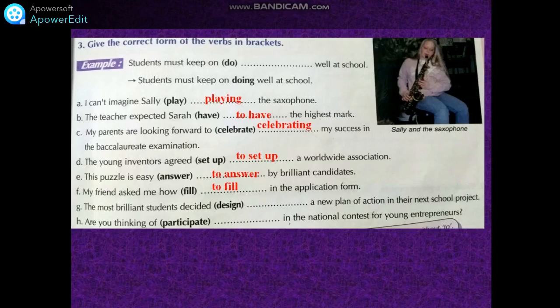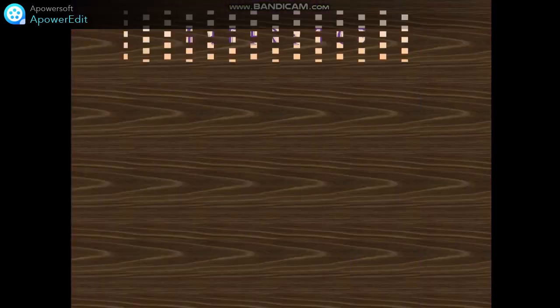G. The most brilliant student decided to design a new plan of action in their next school project. Very good. And the last one, H. Are you thinking of participating in the national contest for young entrepreneurs? Very good. Good job. Let's move on to more practice.